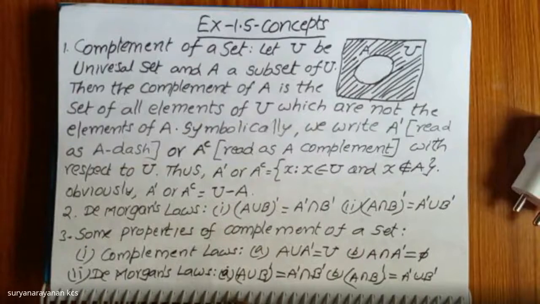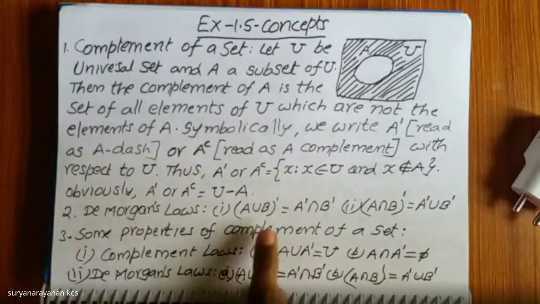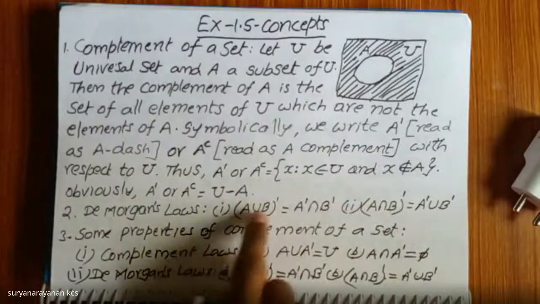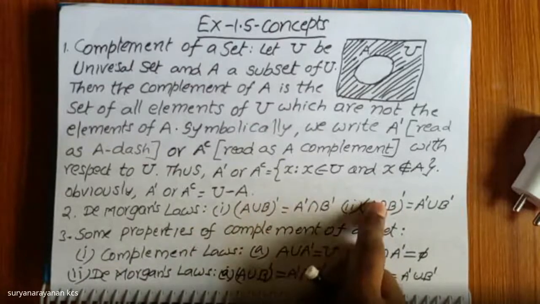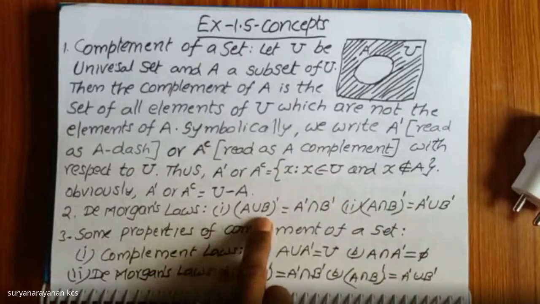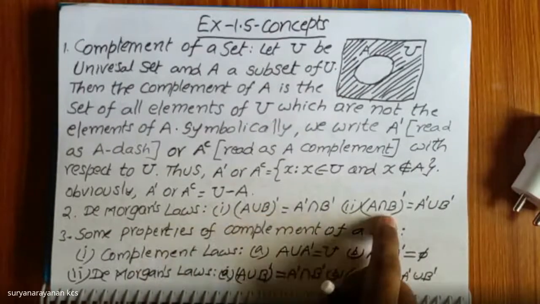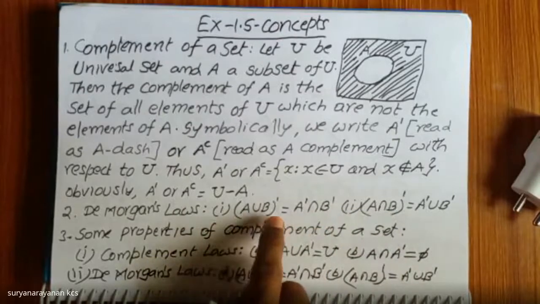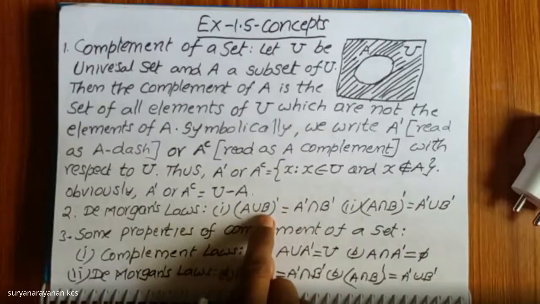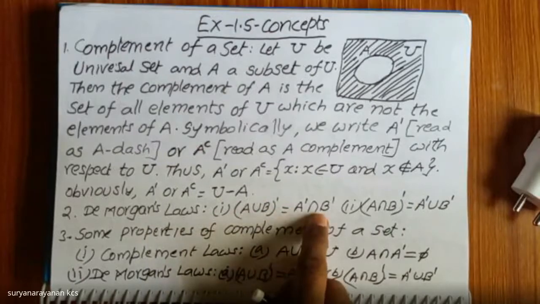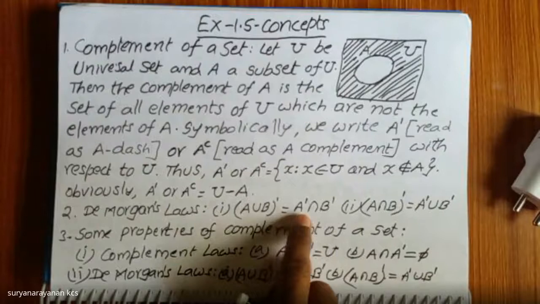Now, what are the De Morgan laws? Read these two also one by one. Read these two De Morgan laws, Disha Priya. I will read once. Listen carefully, my dear children. De Morgan's laws: A union B whole dash is equal to A dash intersection B dash.